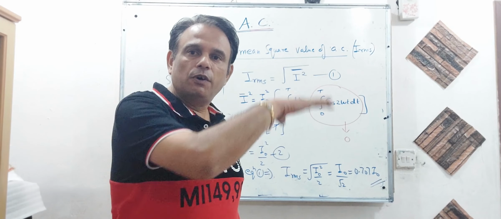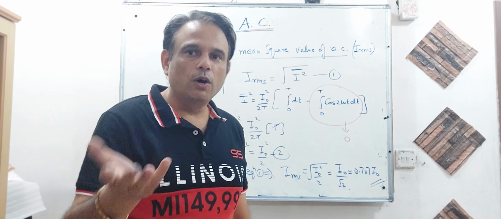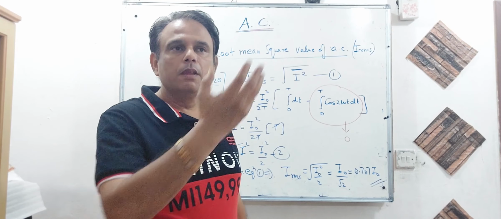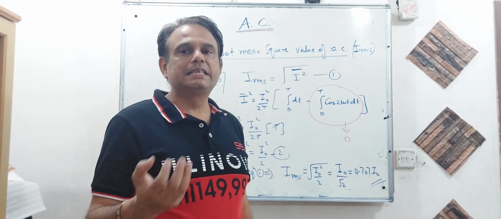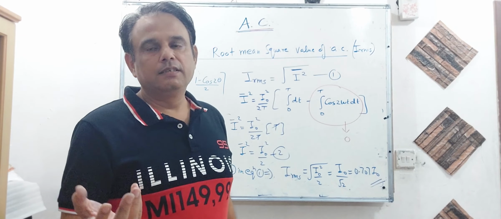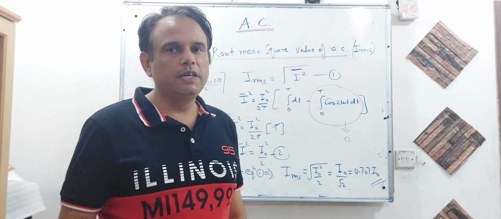Same thing I can do for voltage, ERMS. Voltage V or E, any symbol we can use. I'll be using ERMS because in your sample paper also they have given E for voltage. So I will be using E. There is no compulsion, you can use V also.